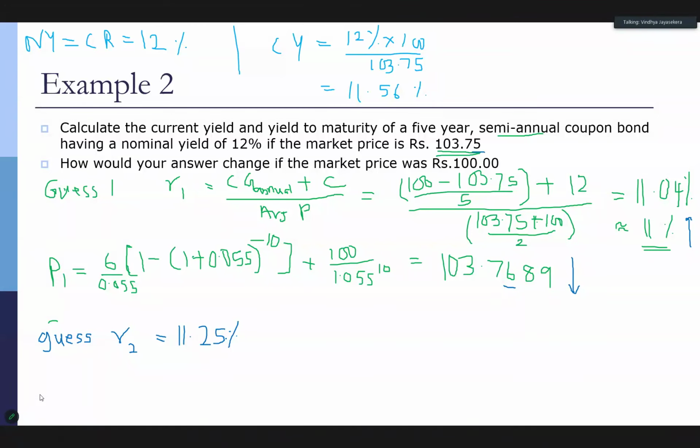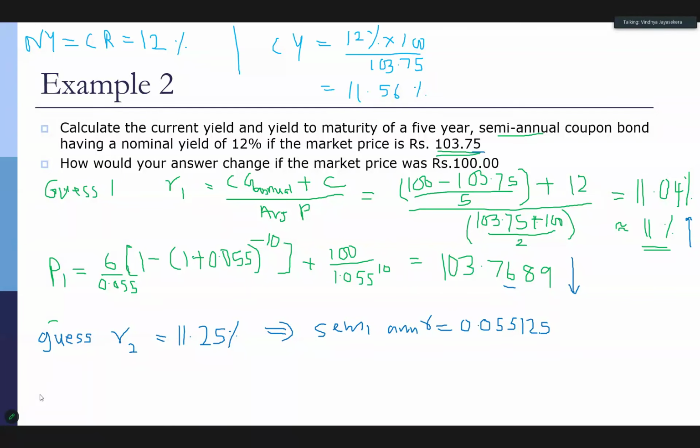So when you're trying, it's okay to try something that is easy for you to put your numbers in. But 11.25 is fine. So therefore, what is your semi-annual R? It becomes 0.05625.